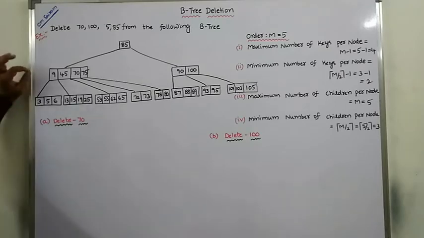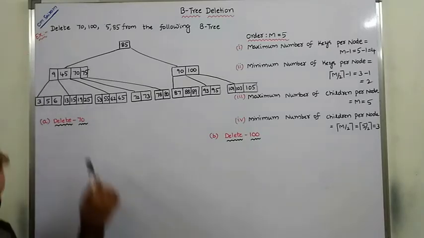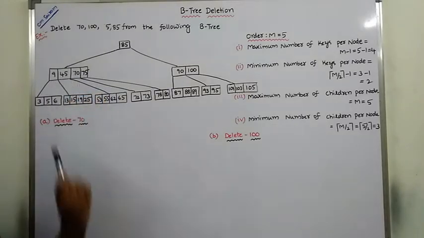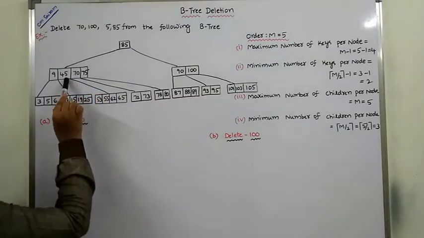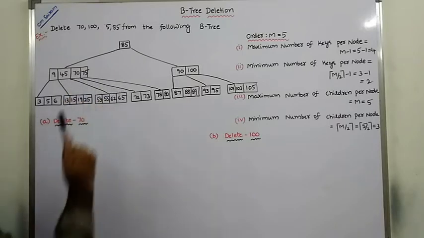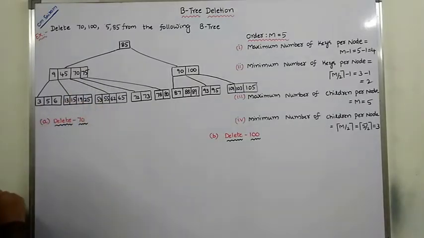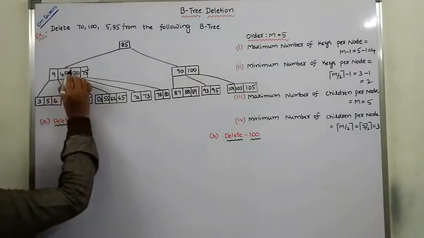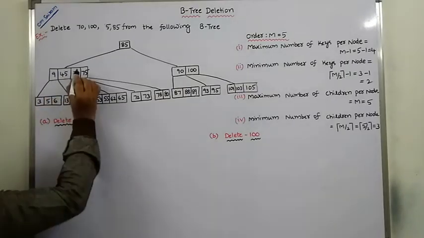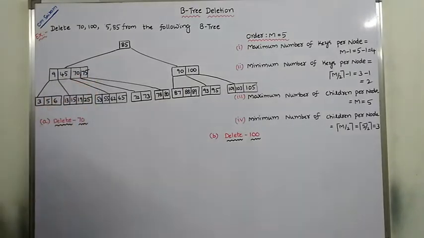How do we delete the key element at the internal node? Here the target key element 70 has a left child and a right child. This is the left pointer for 70 and this is the right pointer for 70.